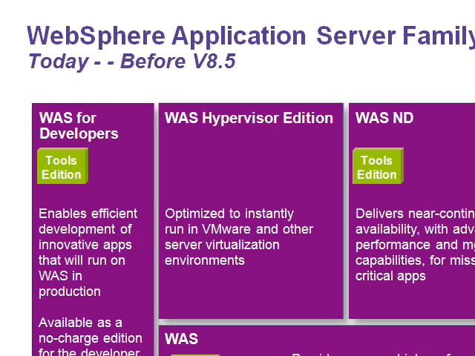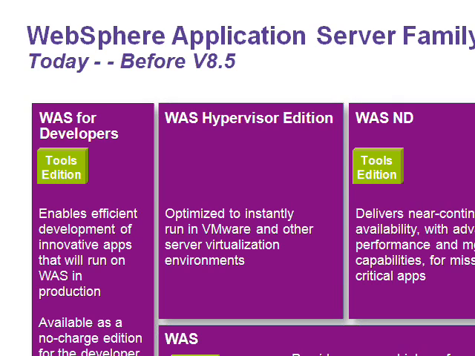In addition, we have WAS Hypervisor edition, as we just discussed, which is optimized for the cloud. We have WAS Network Deployment edition. The WAS can be deployed in various topologies: the base profile, the network deployment topology, the administration agent topology, the job manager topology, and so on.